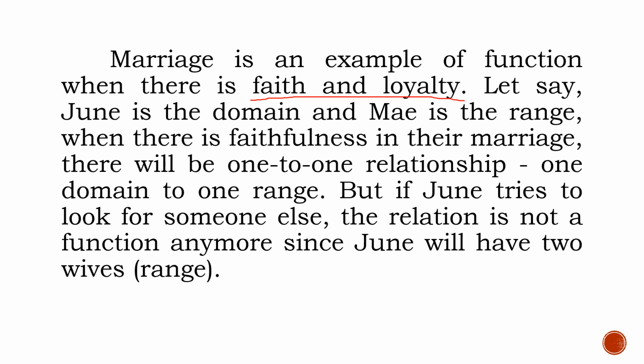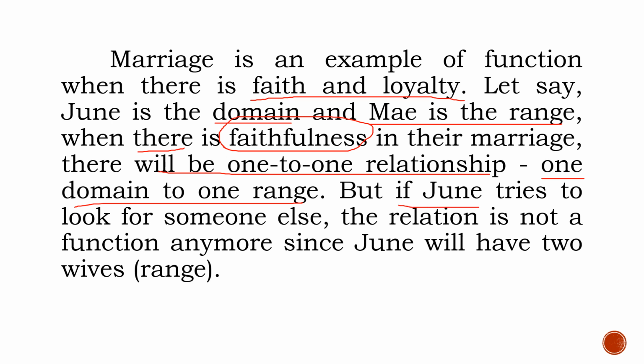Let's say June is the domain, so we let June as your domain and May is the range. When there is faithfulness in their marriage, there will be a one-to-one relationship. One domain to one range, or one husband to one wife.